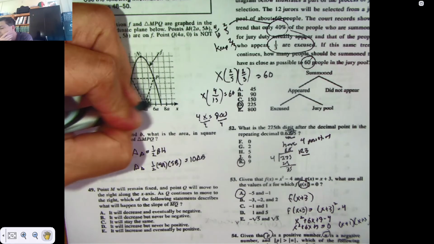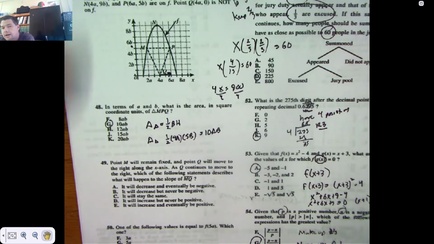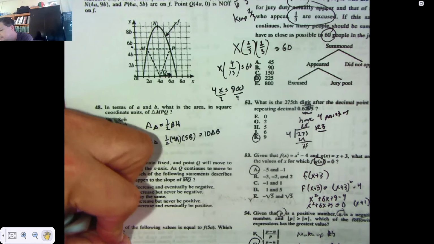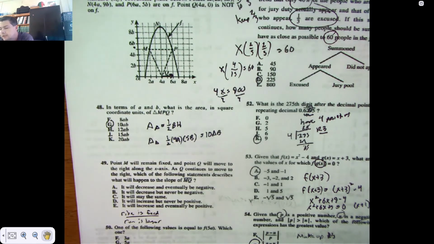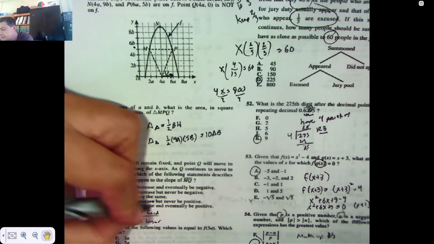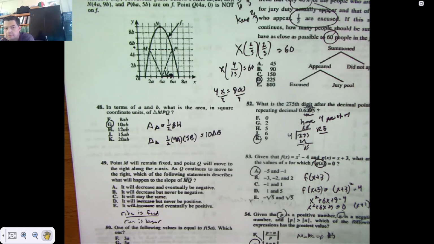So as this thing moves right, what's happening is our rise stays the same, the rise is fixed, but the run is longer. And by the way, it is going downhill. The slope is always negative. So anything that talks about increasing is gone, okay?